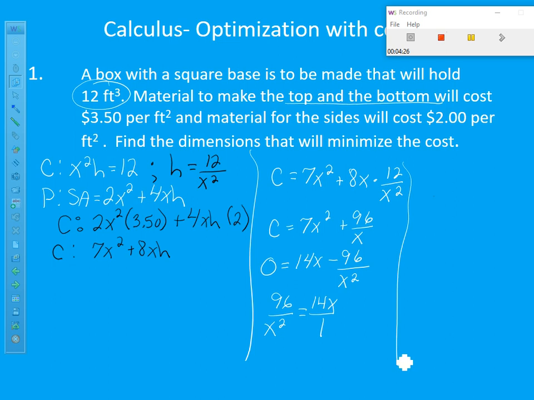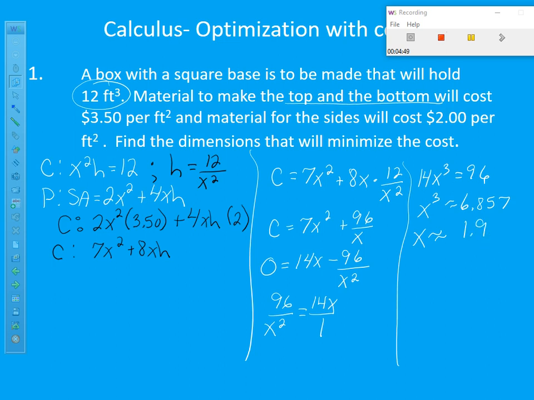That way I can cross multiply and get 14x cubed equals 96. Let's divide both sides by 14 and get about 6.857. And then let's cube root both sides and get x to be about 1.9.